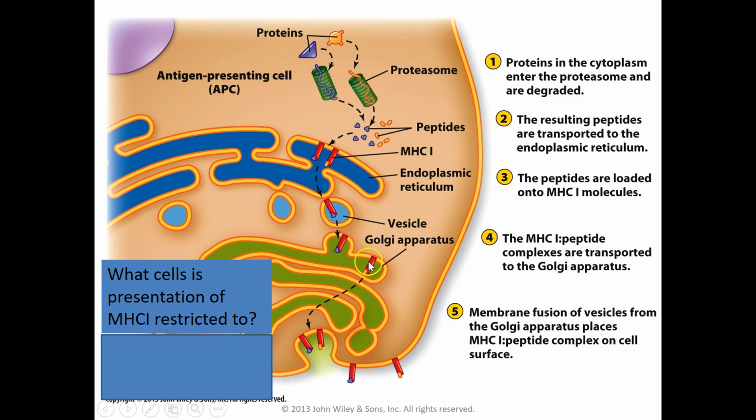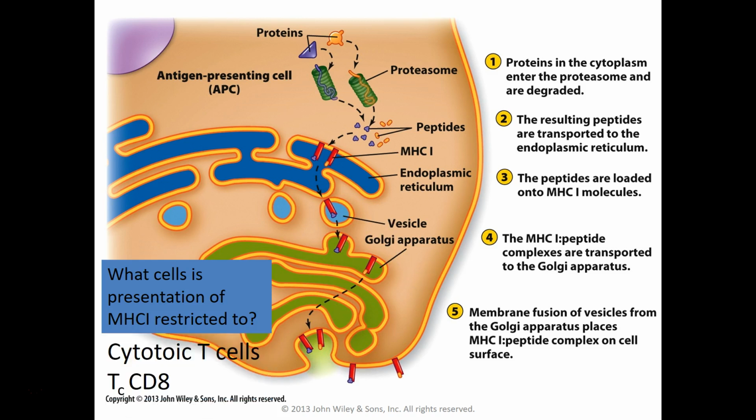They get sent through the Golgi apparatus, which says you've got to go to the cell membrane surface, right? And so which T cell is MHC1 restricted to, talking to? The cytotoxic T cells, CD8. Because remember, if this cell is infected on the inside, what do we want eventually to happen to it? Death, right?